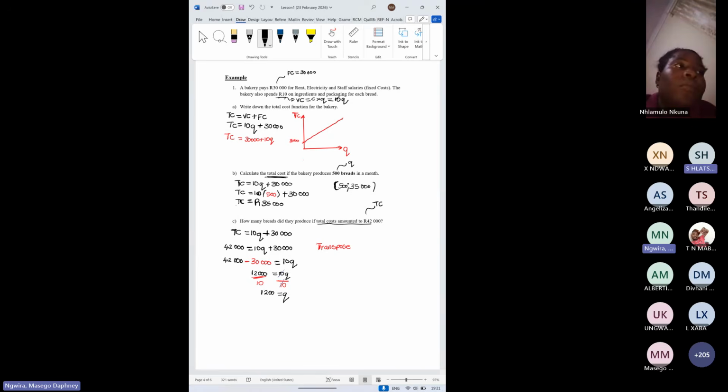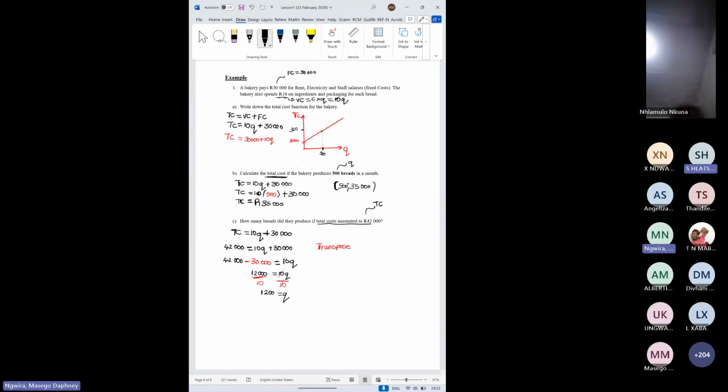On your graph, you are given values from 1 up to 5, and you keep inputting them. Every time I move, say this was 500, if I plot this point on the graph, I move along to 500 and then go up. When I reach here, it is going to be 35,000.